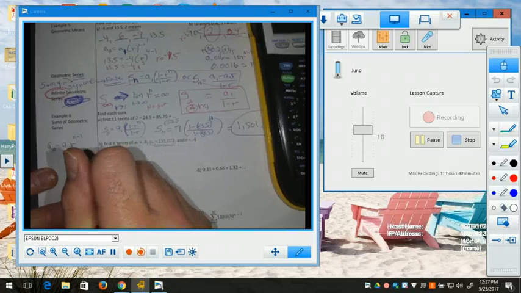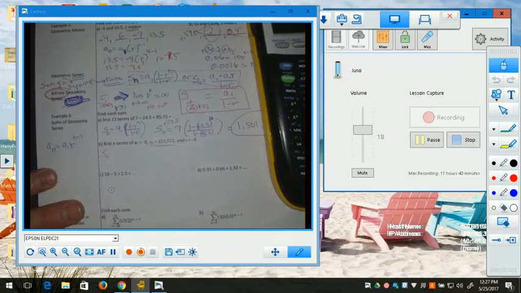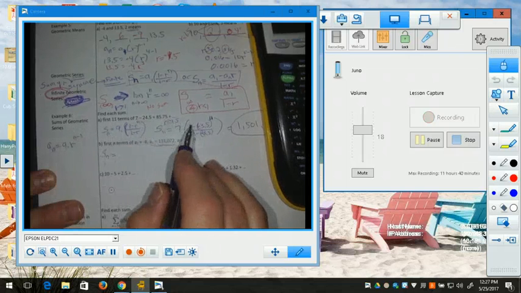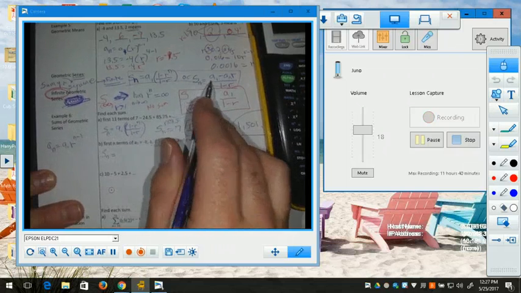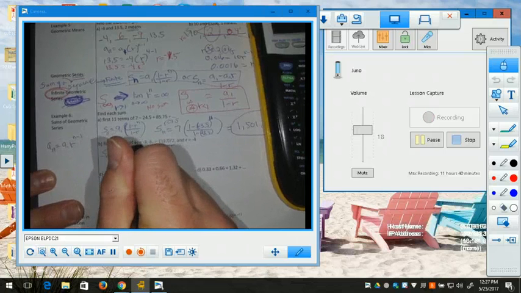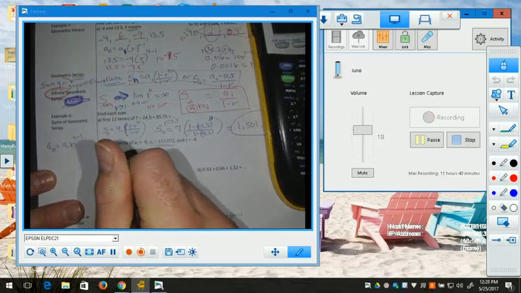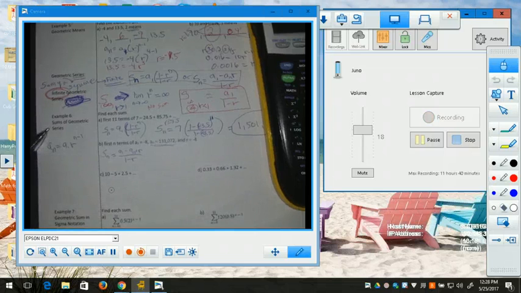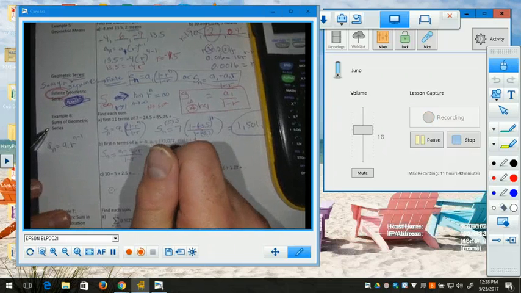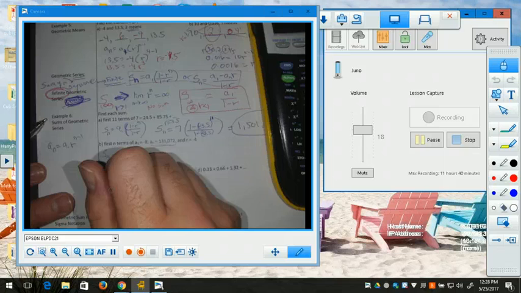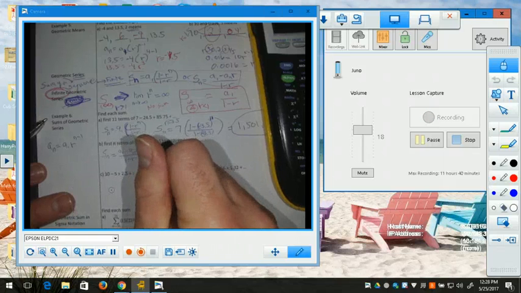So S sub n, I don't know what it's going to be, equals a sub 1 minus a sub n times r, over 1 minus r. So I don't even need to know how many positions I'm adding. It's going to take care of it for me just doing this.